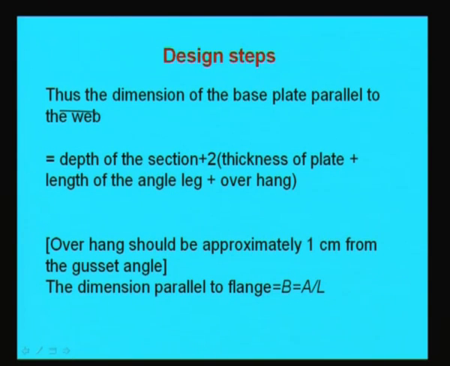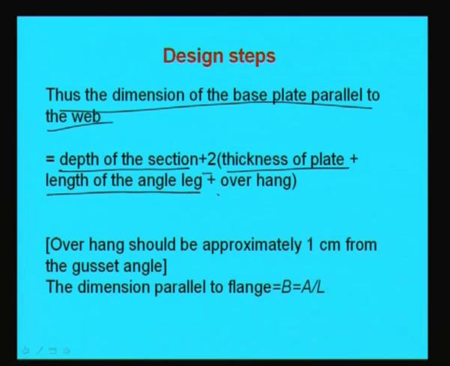Thus, the dimension of the base plate parallel to the web will be the depth of section plus 2 times the thickness of plate plus length of angle leg plus overhang.